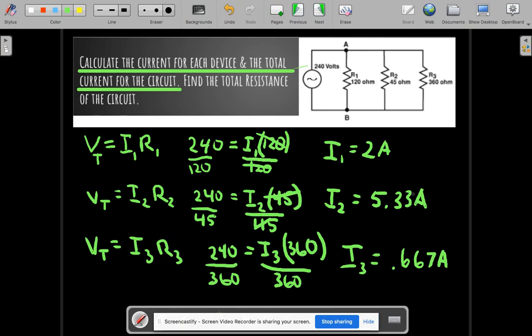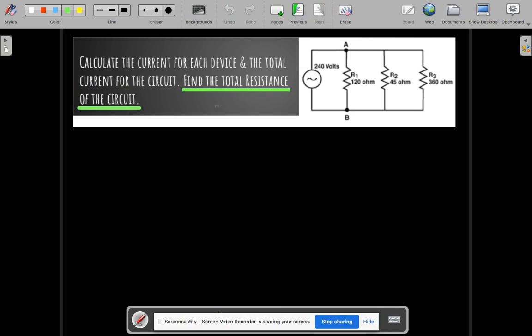So to get our total current, we have to add these up together. We're going to notice it's going to come a little shy of the actual answer because of that rounding situation. I'm just going to move to the next screen so we can look for that. To find the total current first, we know that I total is going to be equal to I1 plus I2 plus I3.